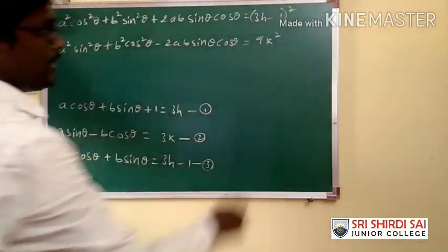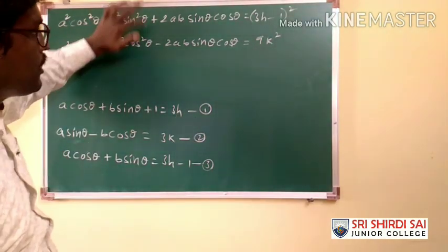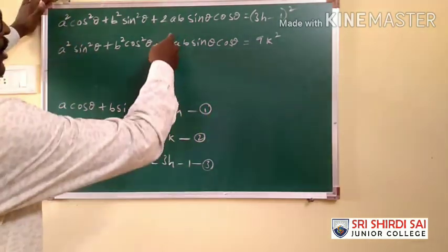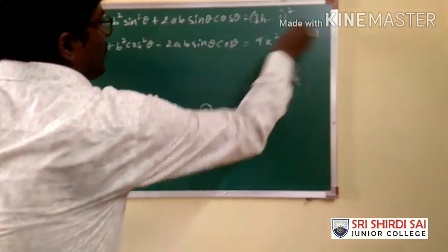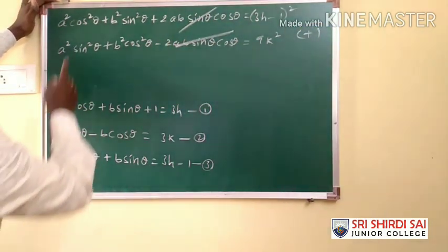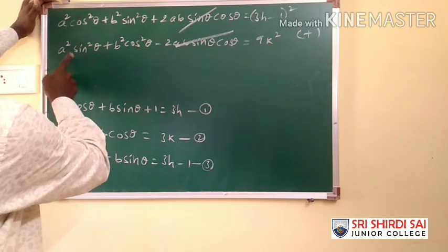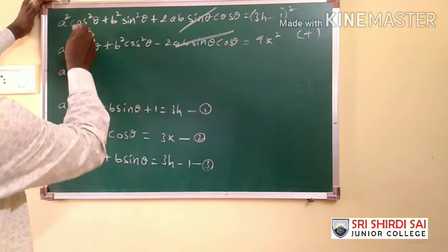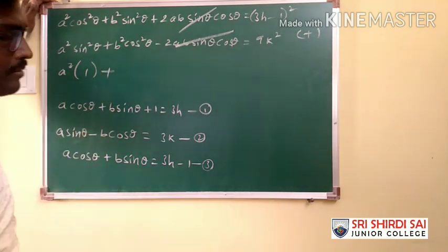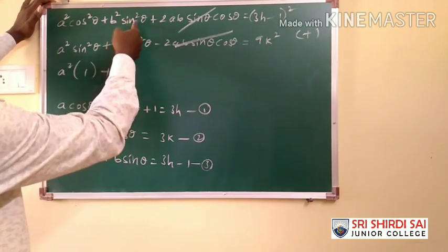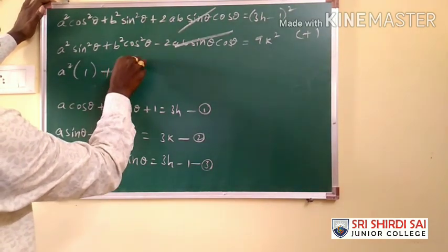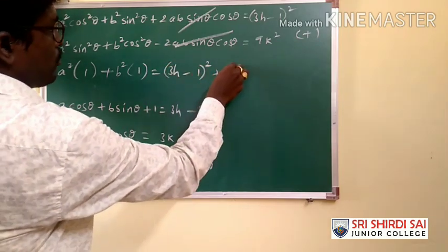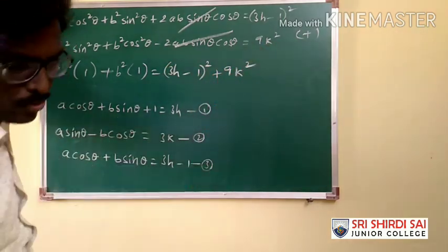I think now we are getting some idea. Between these two, plus or minus, we are supposed to add them, because if you add, the 2AB sin theta cos theta terms get cancelled. Then A square cos square theta plus A square sin square theta: the common factor is A square into (sin square theta plus cos square theta), which is 1. And B square sin square theta plus B square cos square theta, again B square into 1. So we have (3h minus 1) whole square plus 9k square.